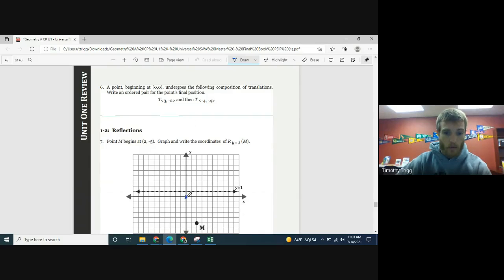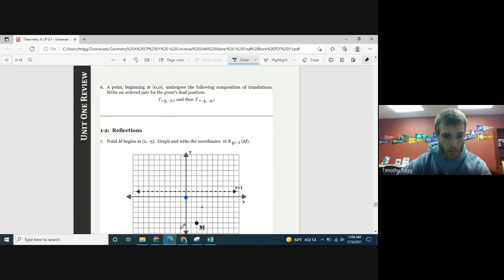Okay. So I'm going to start at 0, 0. Then I'm going to translate 3 to the right, 2 down. So 3 to the right, 1, 2, 3, 2 down. So far, this is where I'm at. And then I want to go 4 to the left, 4 down. So from this new point, we want to go 4 to the left and 4 down.